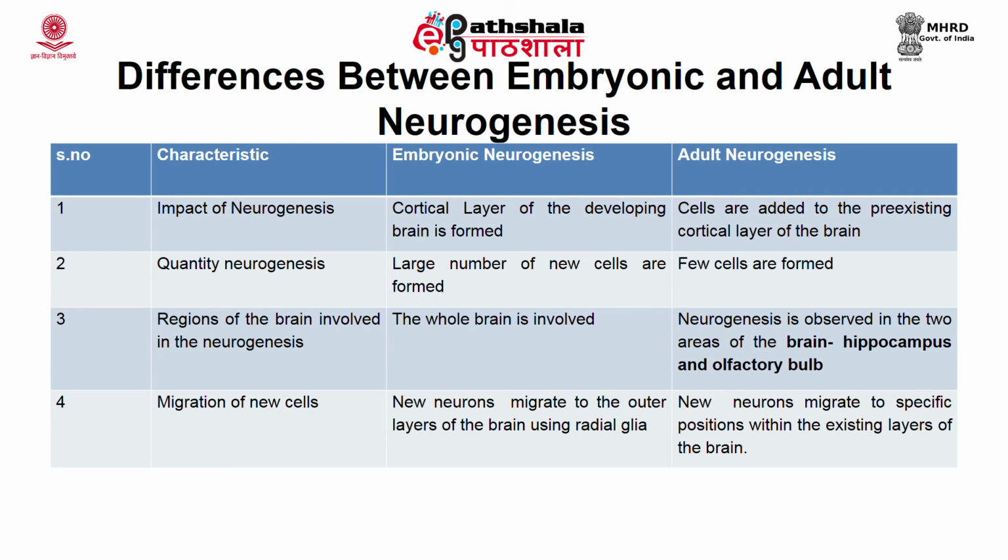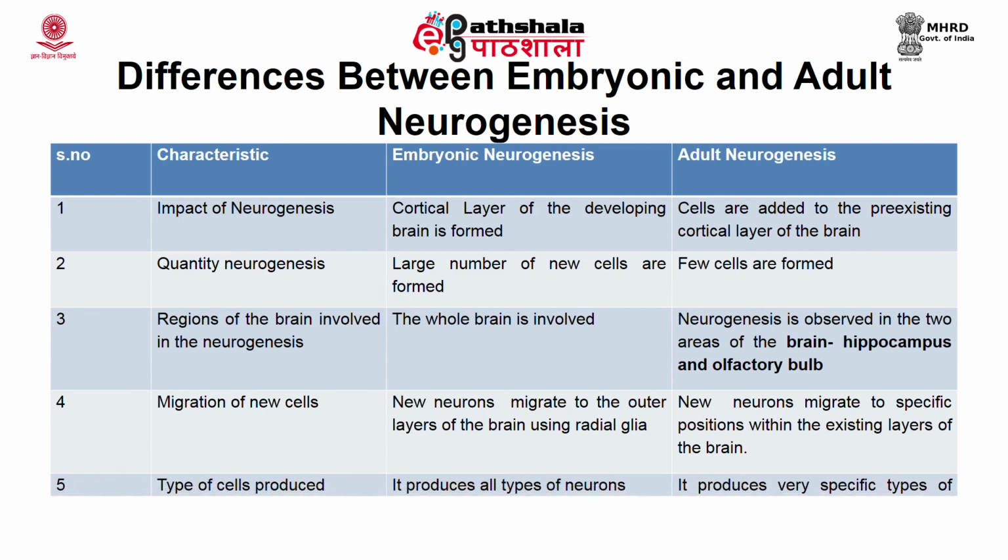In the adult neurogenesis, the cells migrate to specific positions within the existing layers of the brain. And if we look at the types of cells produced, it produces all types of neurons, but in the adult neurogenesis it produces very specific types of neurons.